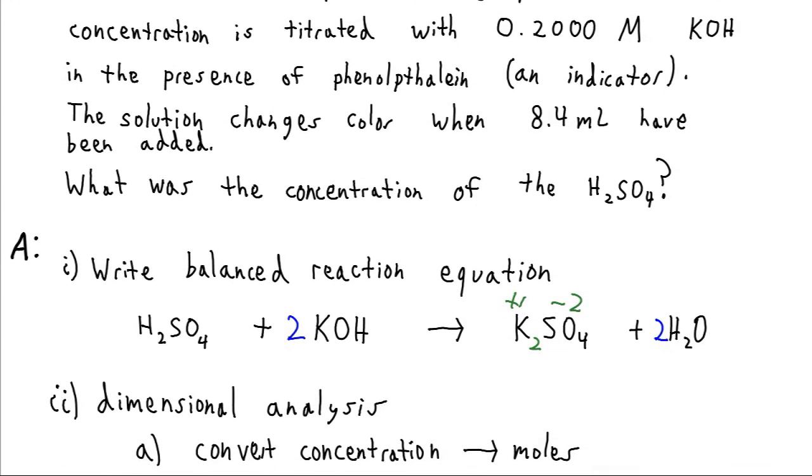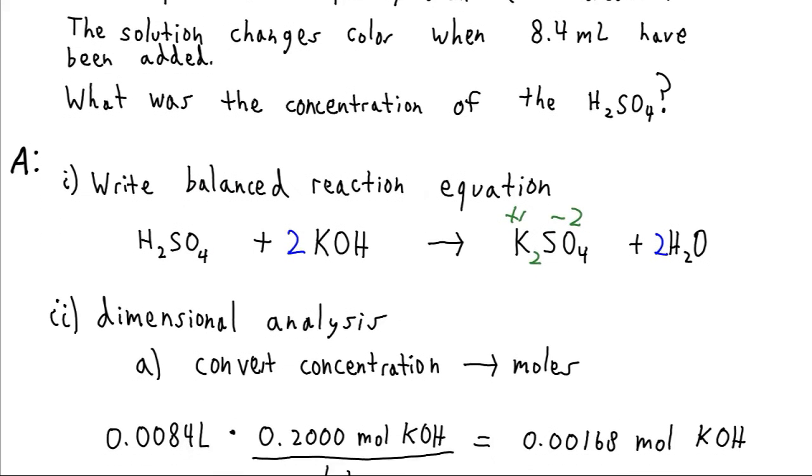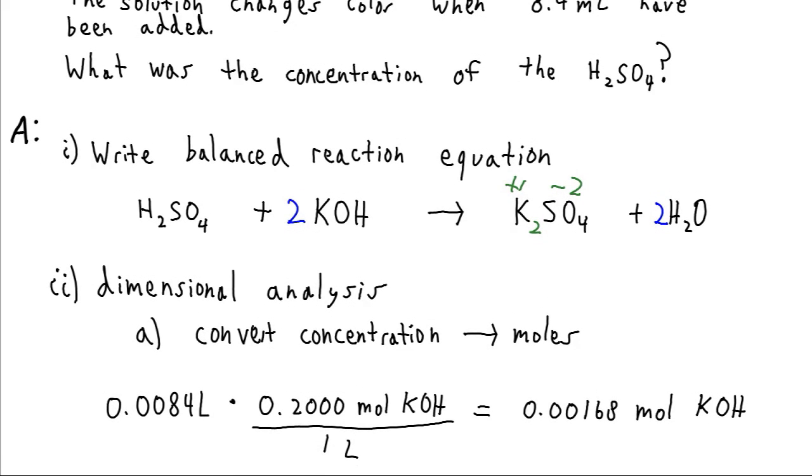Now we want to go ahead and use this information to convert our knowledge of the known, the potassium hydroxide, into information about our unknown, the sulfuric acid. So we had 8.4 milliliters of our potassium hydroxide that we added, and we knew its concentration was 0.2 moles per liter. So liters cancels, and this works out to 0.00168 moles of potassium hydroxide.